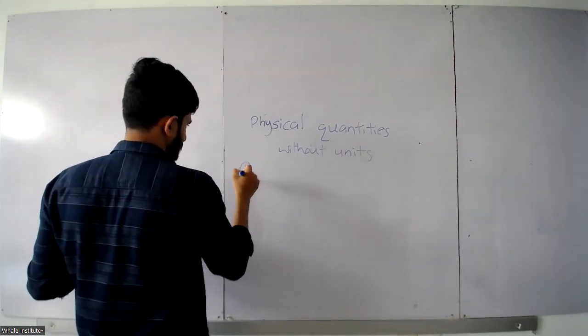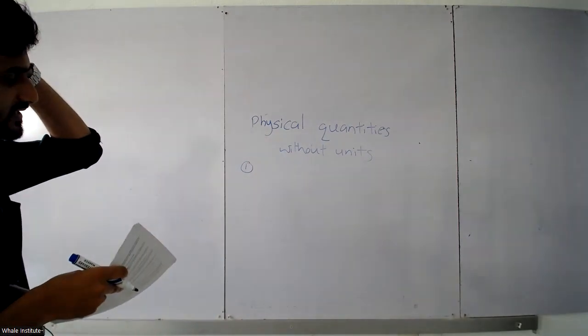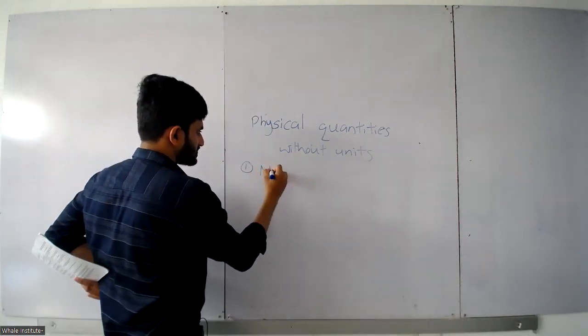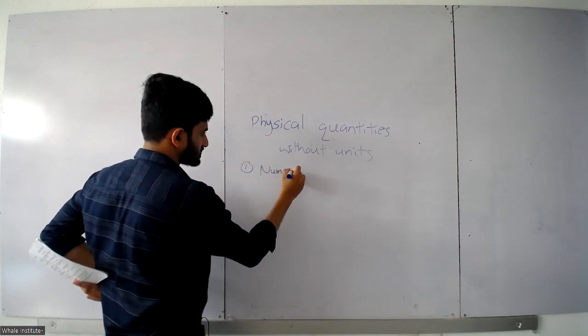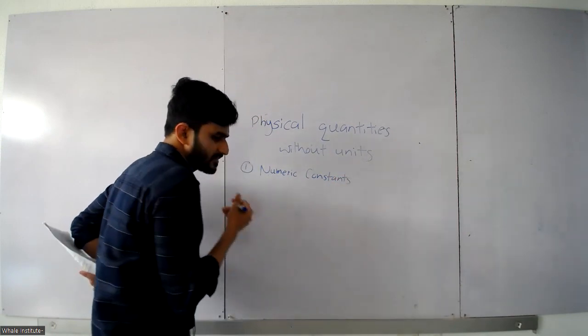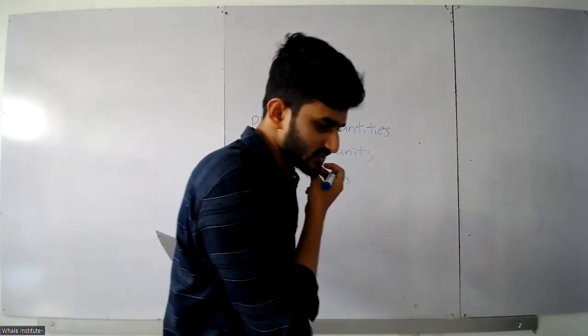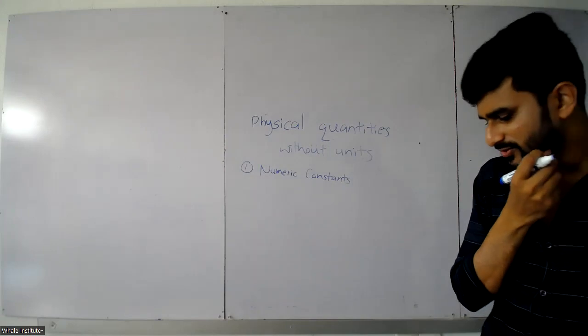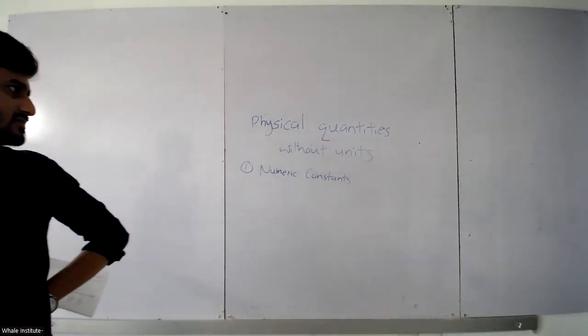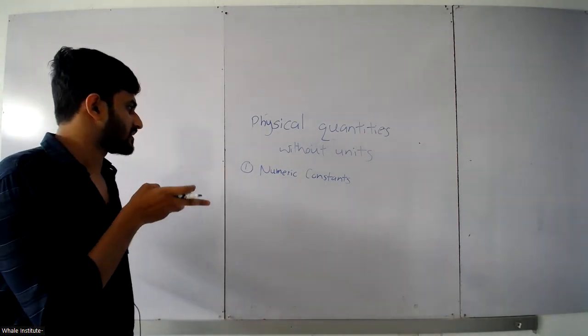So the first one we can discuss is the numeric constant. When we write equations, mostly we use k as the constant symbol. Sometimes you can use the symbol a, symbol b, pi.